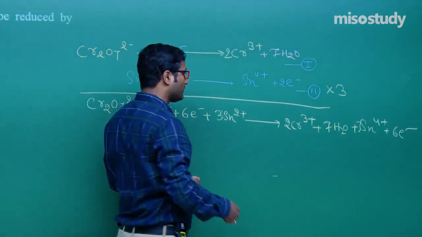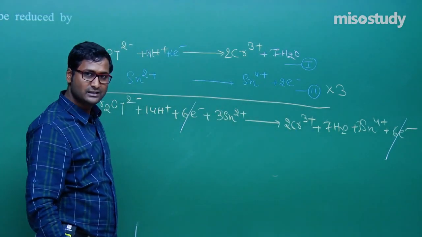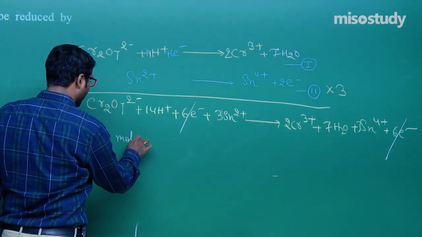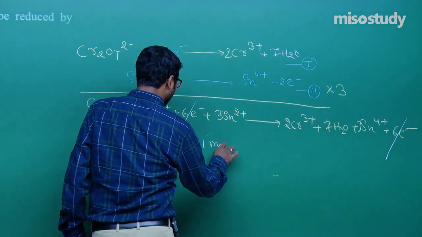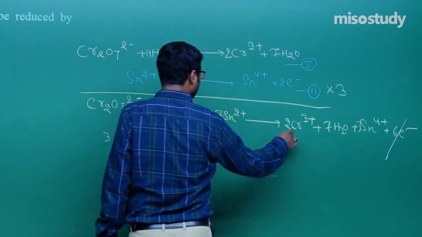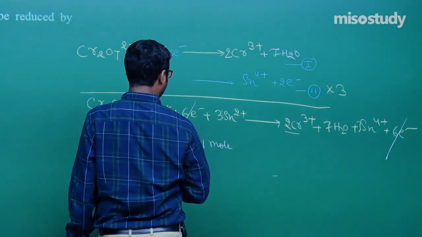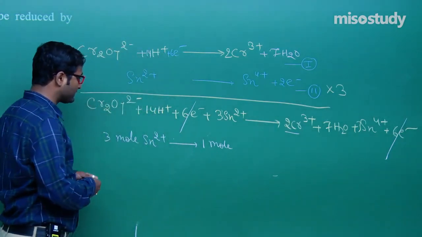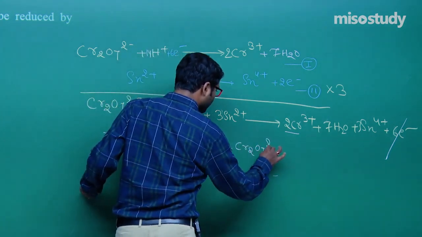Clear? Now what will happen? This 6 electrons and this 6 electrons will cancel each other. Now look at it: 3 moles of Sn2+ require 1 mole of Cr2O7 2-.